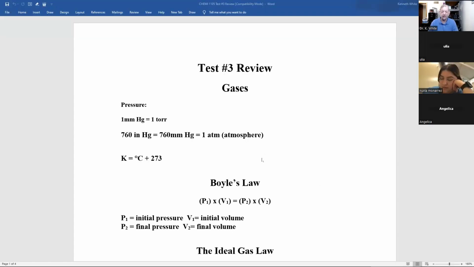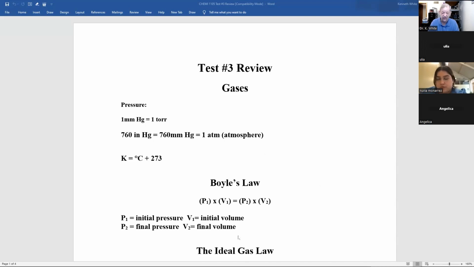If you go to the lecture section of Blackboard, you'll see I have cleverly hidden a file called Chem 1105 test number 3 review. What you see on the screen is in that file that you can download. And these are things you should know for test number 3.